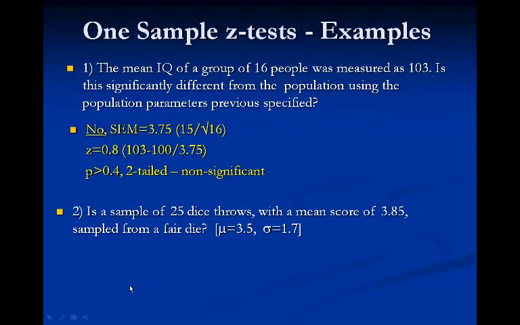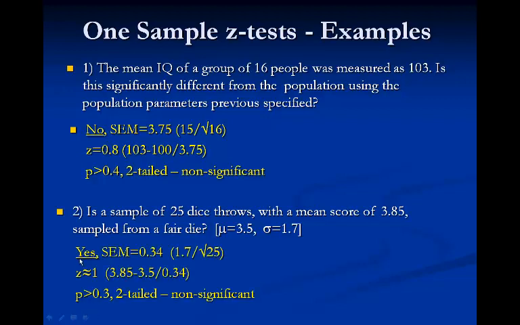So we can do the same calculation using the same approach, and this time we conclude that it is from a fair dice, because the sample mean of 3.85 is not significantly different from the population mean that we'd expect.